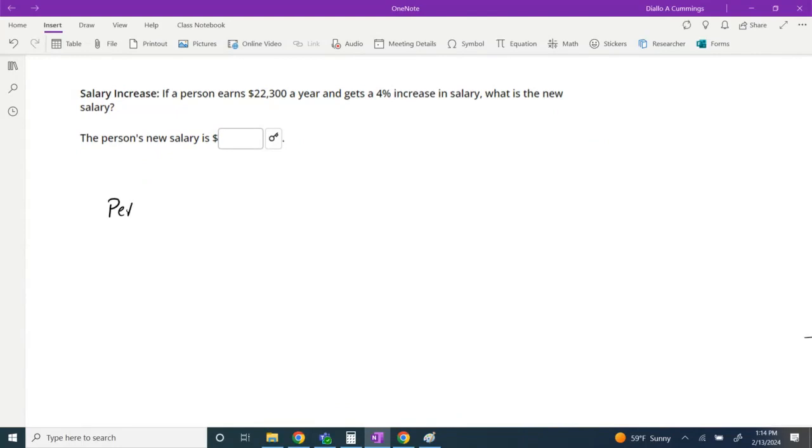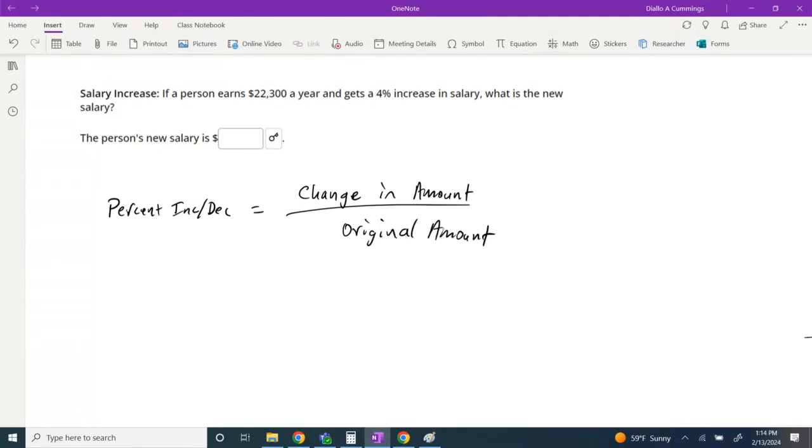So here again, it's percent increase or decrease. That's equal to the change in amounts divided by the original amount. Now we can sort of equate this to that percent equation, because on one side of the equation we have the change in amount over the original amount, and on the other side we have the percent increase or decrease.